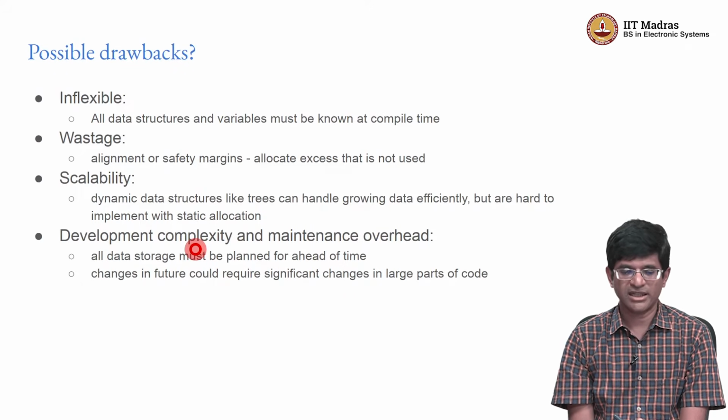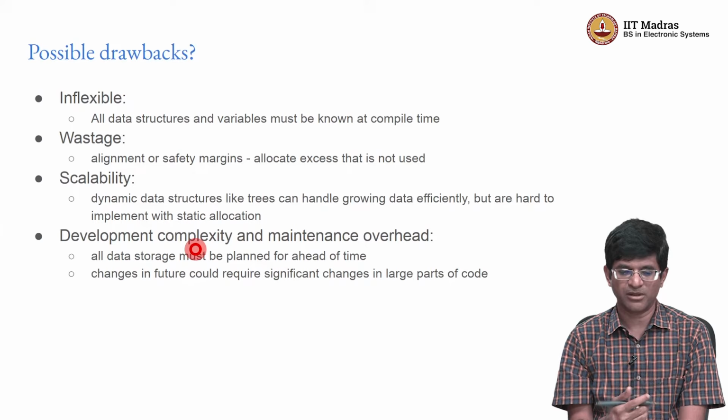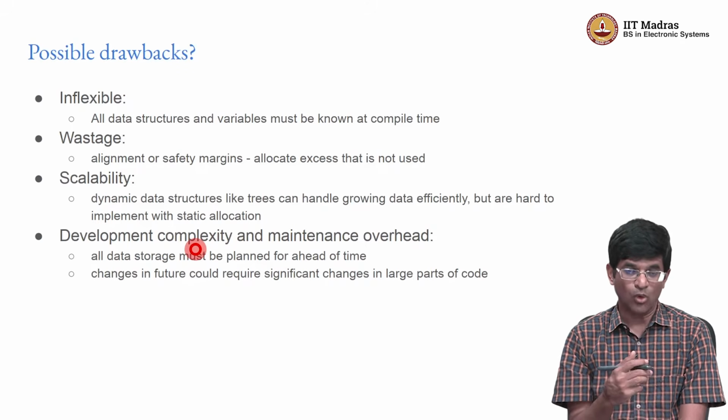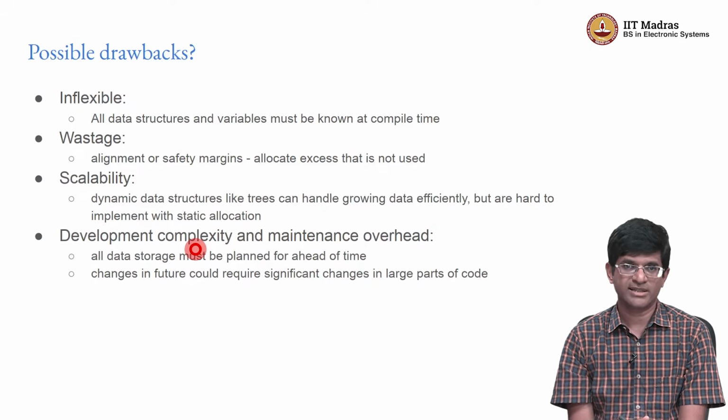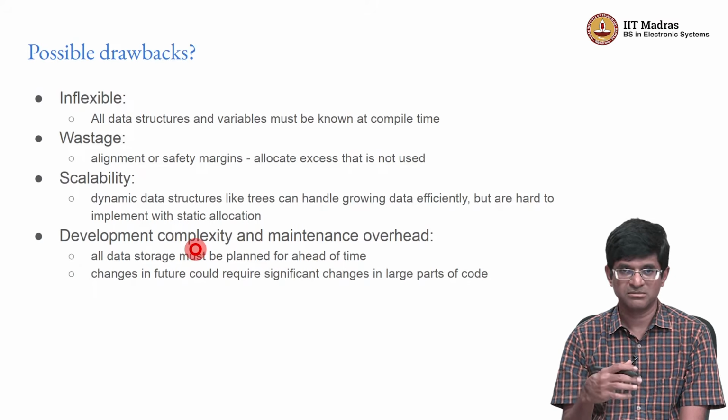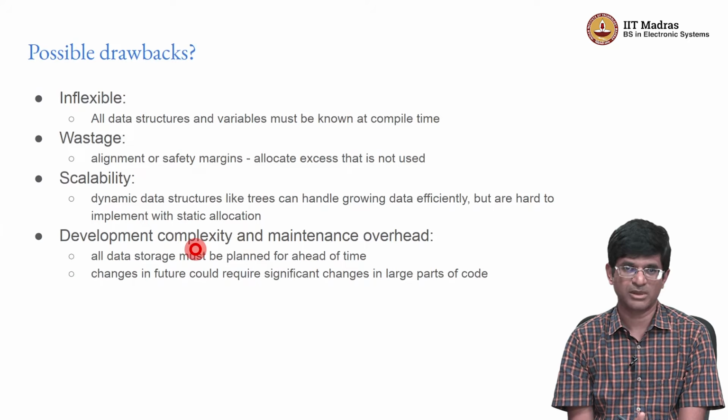And it also potentially means that there is excess development complexity. If you want to change the amount of data that your system can deal with, you might have to go around changing it in multiple places. You can't just change the size of an array and be done with it. That could have multiple impacts in various parts of your code.